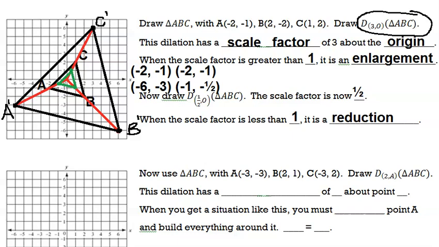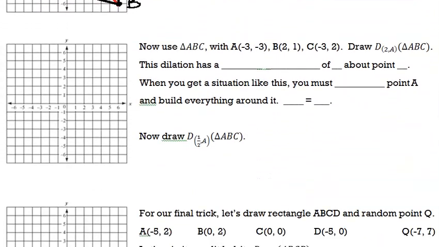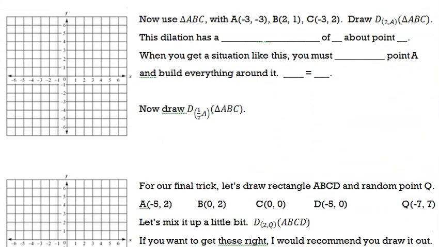All right. Now we're going to try this idea again, but this time we are going to try a different type of dilation. So we're going to have the points (-3, -3), (2, 1), and (-3, 2).